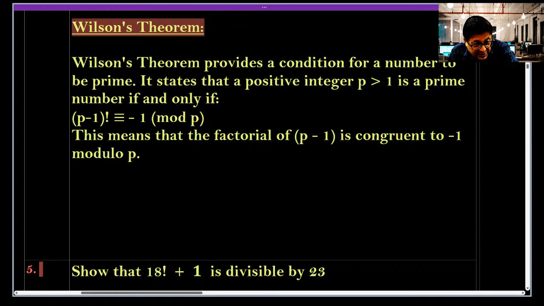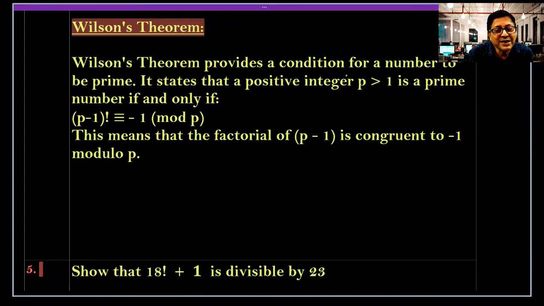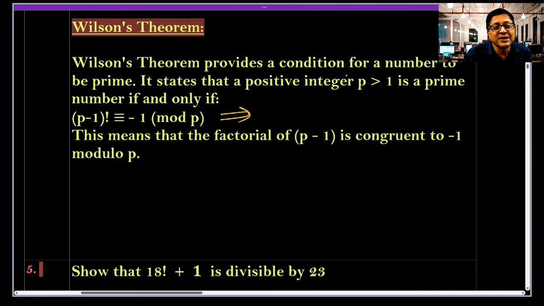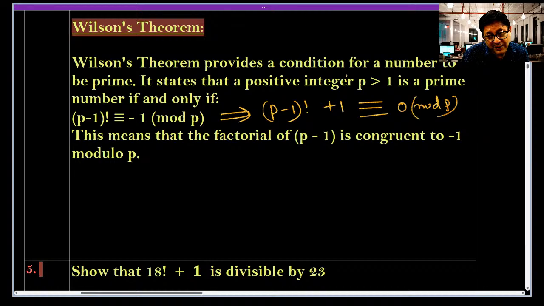At least for smaller prime numbers, (p minus 1) factorial plus 1 is congruent with 0 mod p. What do you mean? It means that (p minus 1) factorial is congruent with minus 1 modulo p, which implies that (p minus 1) factorial plus 1 is congruent with 0 mod p. Okay?